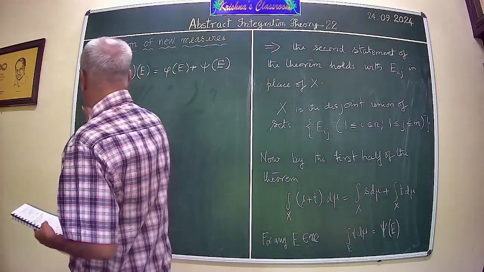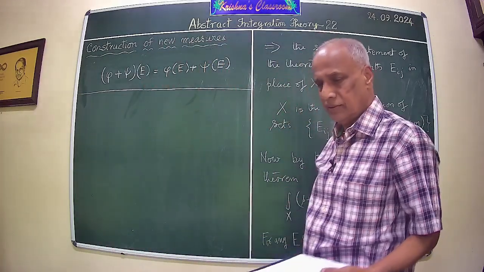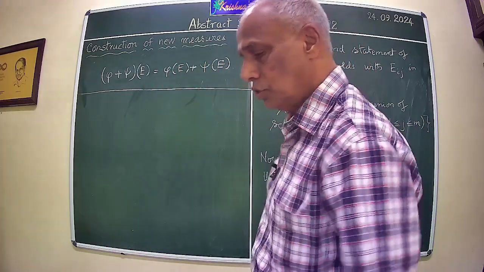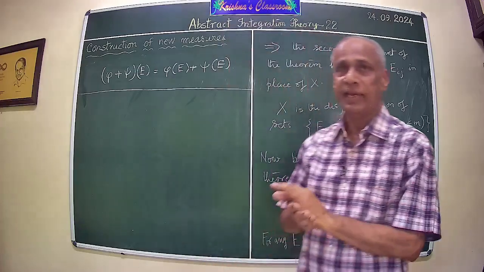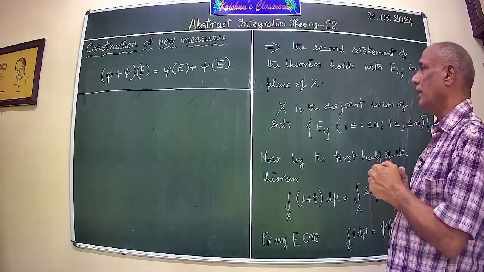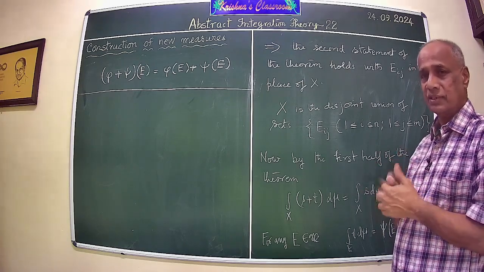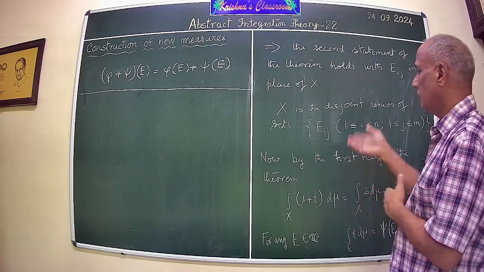Okay. So you can keep manufacturing new measures by choosing what are called non-negative simple measurable functions and then working out the integral.